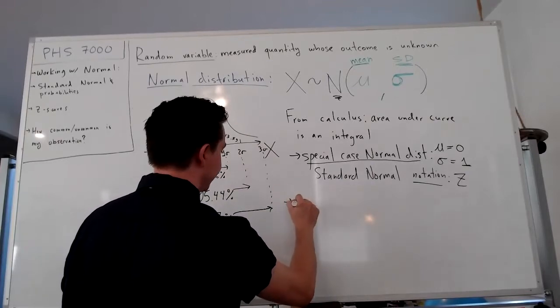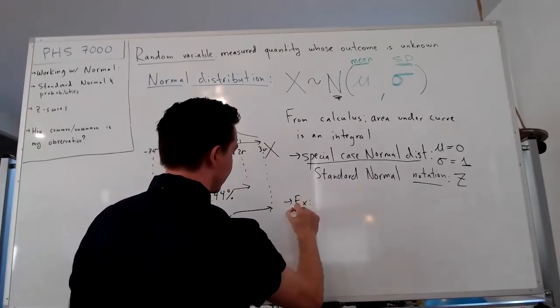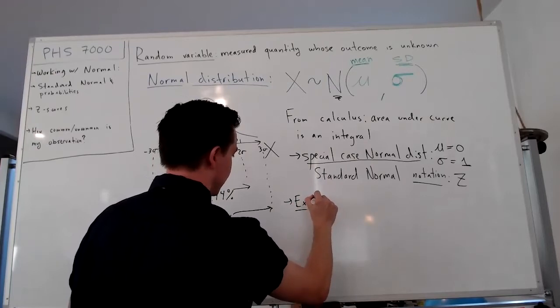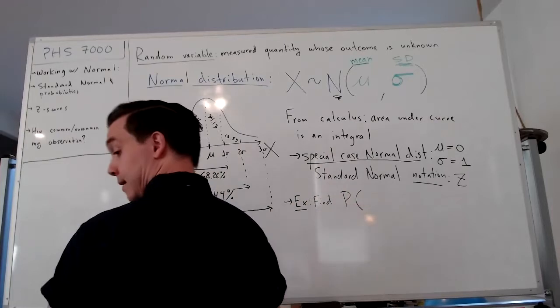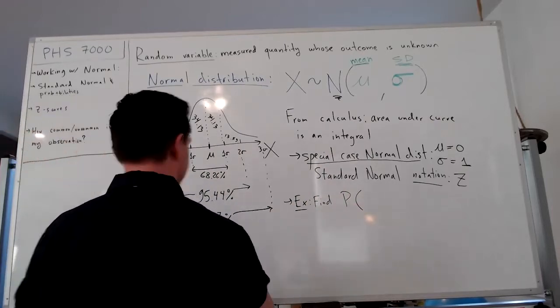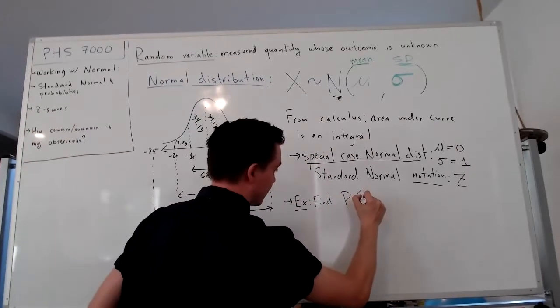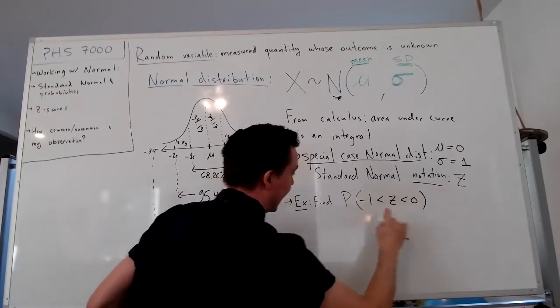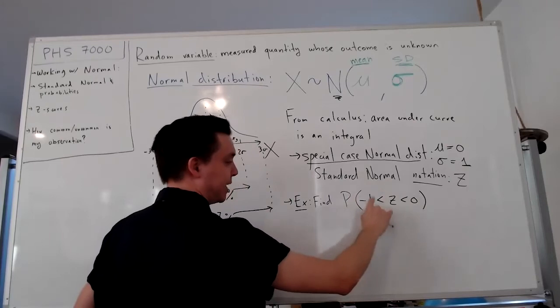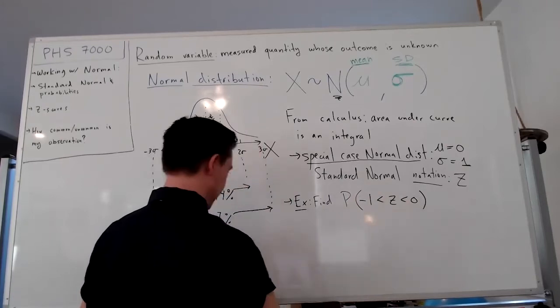So for example, find the probability that our standard normal is between -1 and 0.